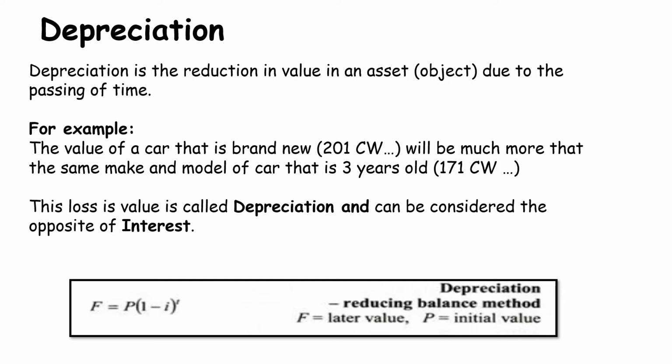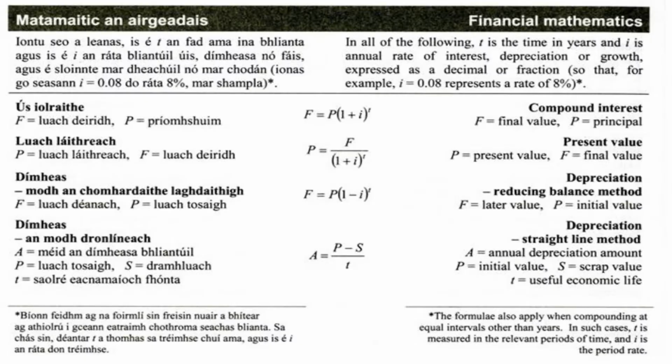What we're going to focus on is reducing balance. Our formula is available on this financial maths page of our log tables, and you'll notice that we have two depreciation formulas. The first one that we're going to look at looks very similar to our compound interest formula. The only difference is the interest I is being taken away rather than added on like in compound interest.